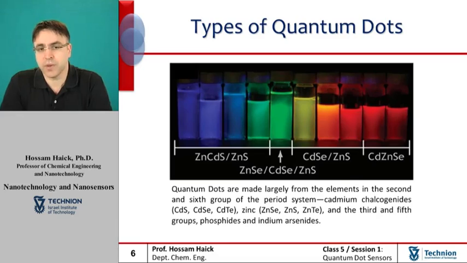Generally speaking, quantum dots are made largely from elements in the second and sixth group of the periodic table, which include, for example, cadmium or zinc, or from the third and the fifth group, which include, among the rest, phosphides and indium arsenides.